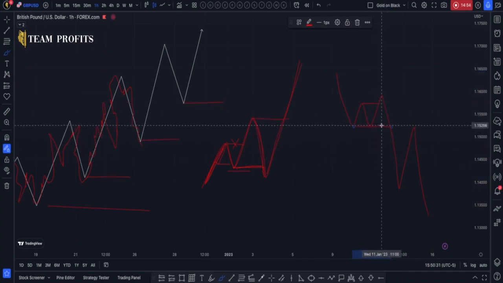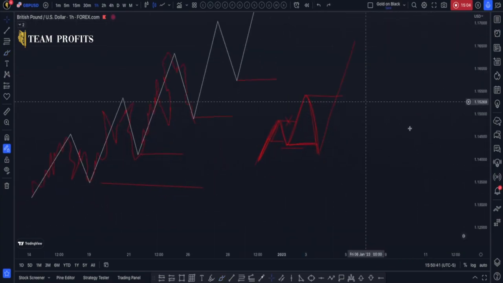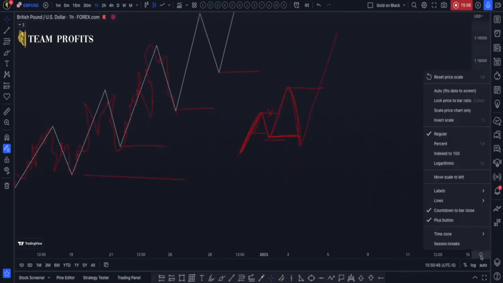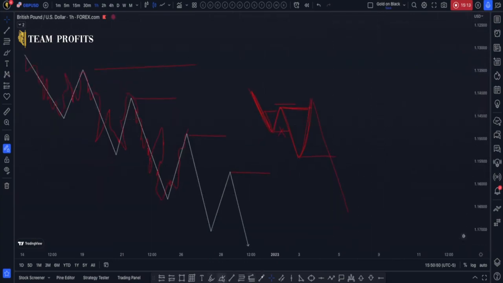So this is a BOS. This is definitely a break of structure right here. But oh no, one second. I did it wrong. I was confused and messed it up when I'm sideways. Let me just invert the scale. Yeah, here we go. So technically something like this.